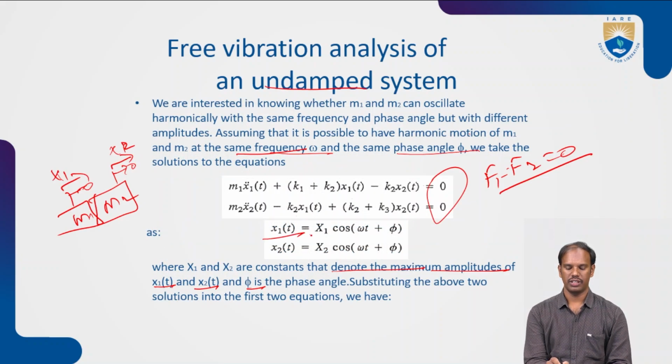x of t, we have taken as x1 into cos of omega t plus phi, and x2 we have taken as x2 into cos of omega t plus phi.